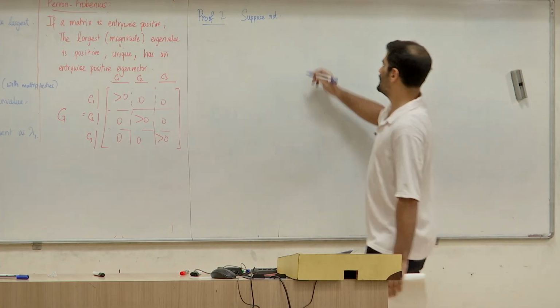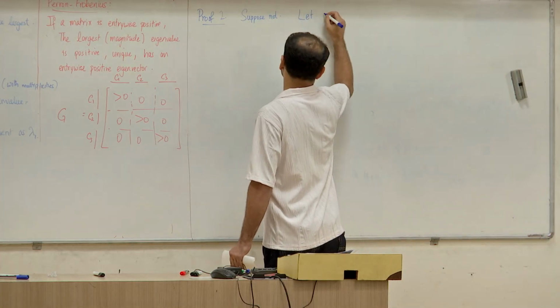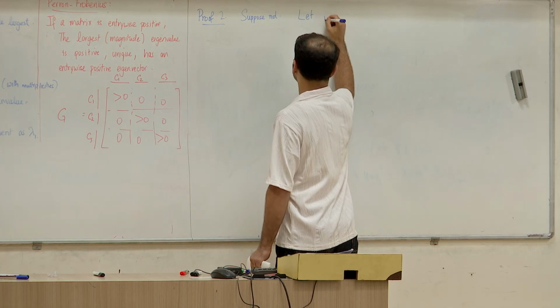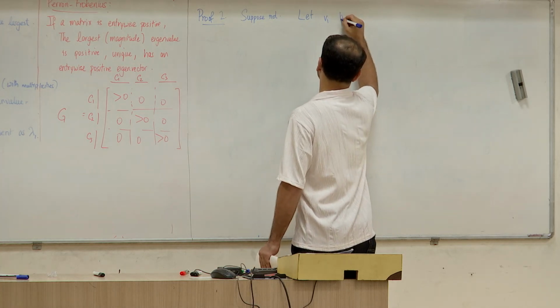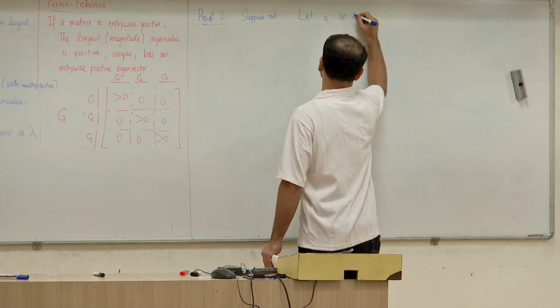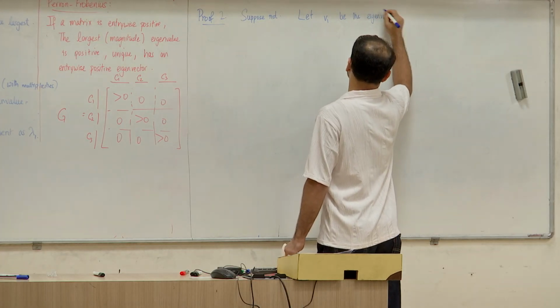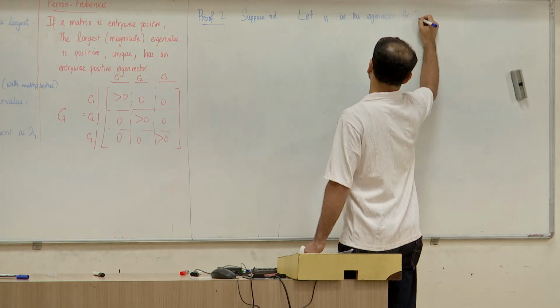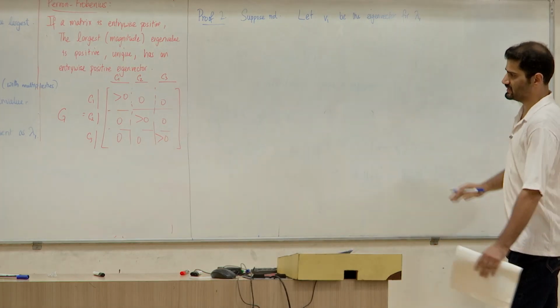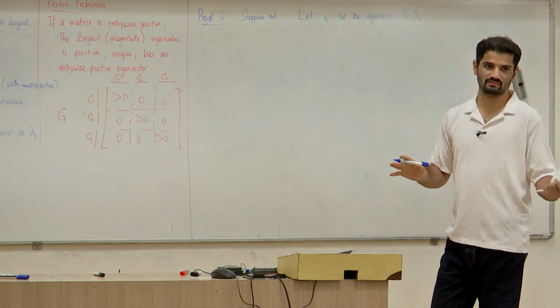Let's call V1 the eigenvector for lambda 1. This has support on the vertices in C1.